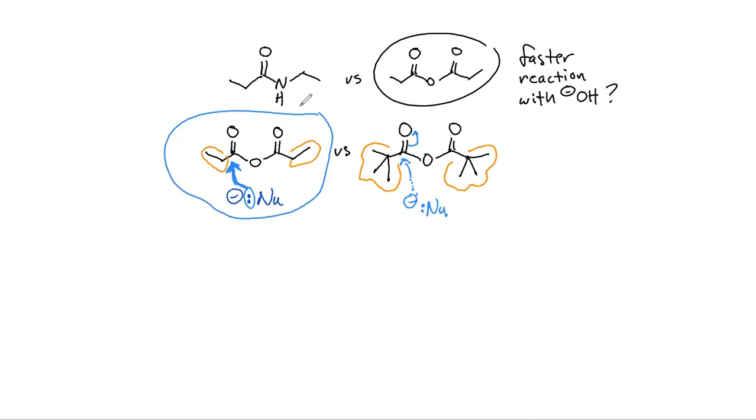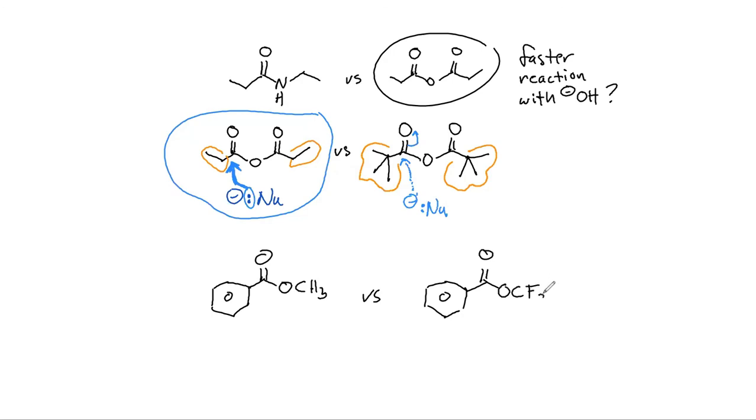What about a pair of esters where the only difference is that the alcohol portion on one has fluorines, where the other one has hydrogens? If we think about the effect of the fluorines, there are two ways to look at it.